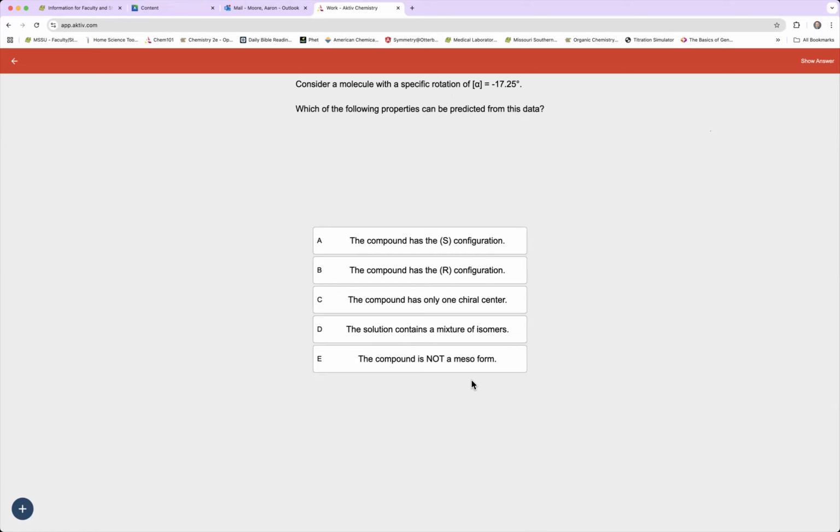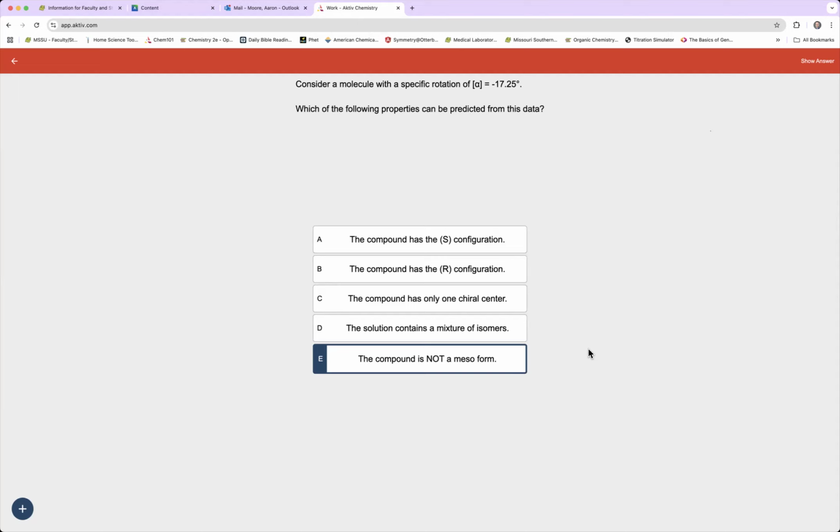But what I can know, and this is what I choose, is that it must not be the mesoform. Remember that the mesoform is optically inactive because it has that internal plane of symmetry. It cancels out the optical activity you would otherwise get from the chiral centers, because they cancel each other out within the molecule.